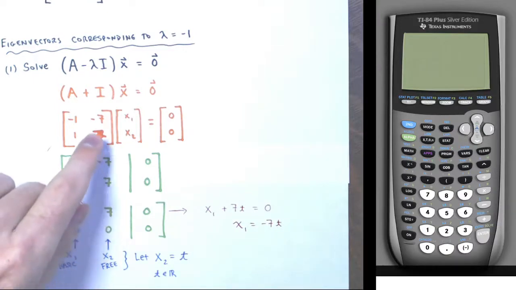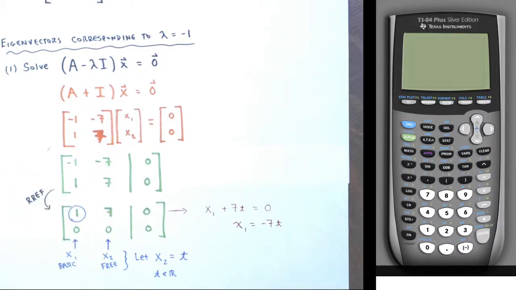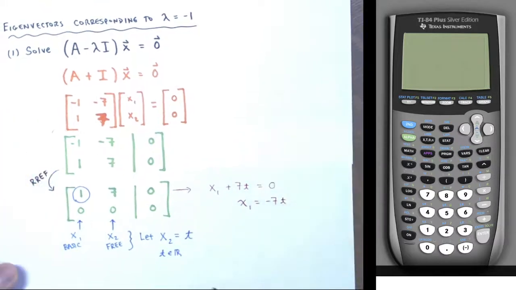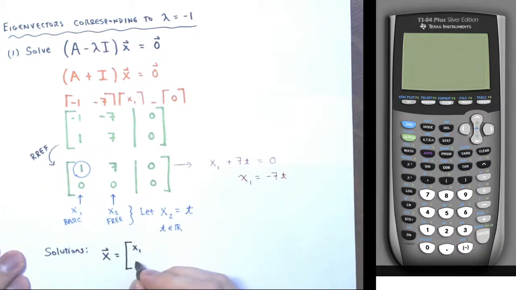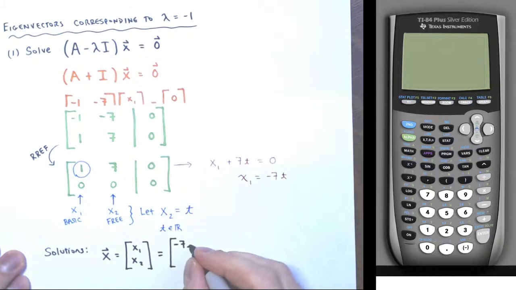So the solutions to this equation look like this. The solutions are these vectors x, which have two components, x1 and x2. x1 takes on negative 7 times whatever value I want to replace t with, and x2 is the free variable t.